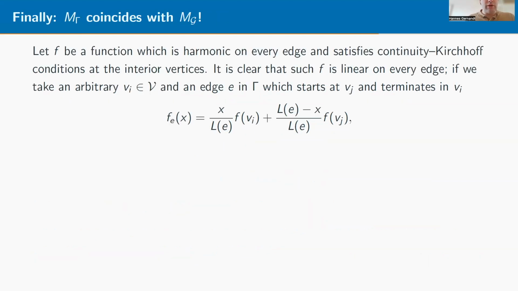So finally, now from the Dirichlet-to-Neumann map for the discrete graph to the one for the quantum graph. If we consider a function which is harmonic on every edge, so the second derivative vanishes, and satisfies the continuity and Kirchhoff conditions at the interior vertices, then it is clear that since the second derivative vanishes, f is a linear function on each edge, and then we can write it like that.